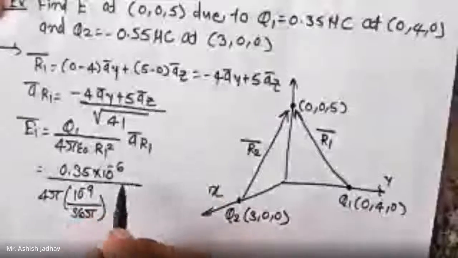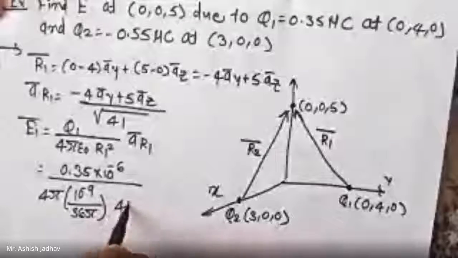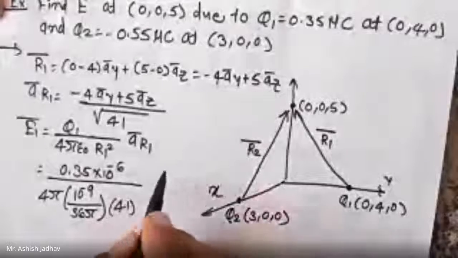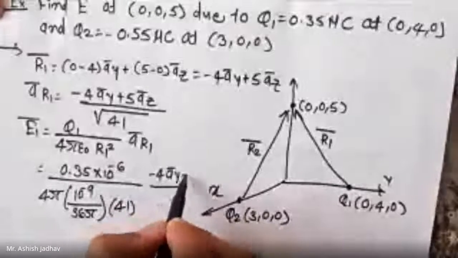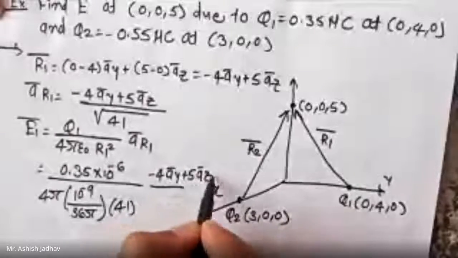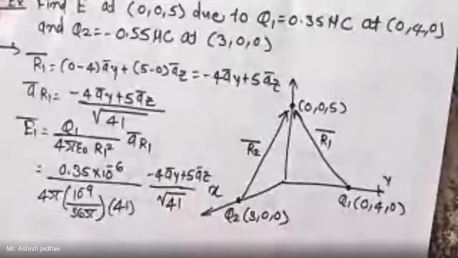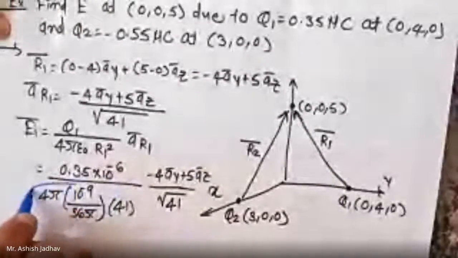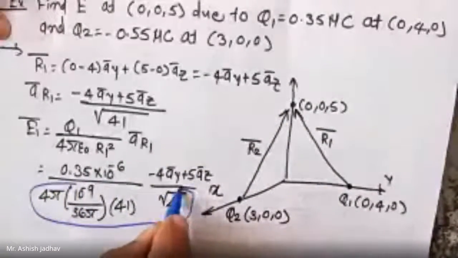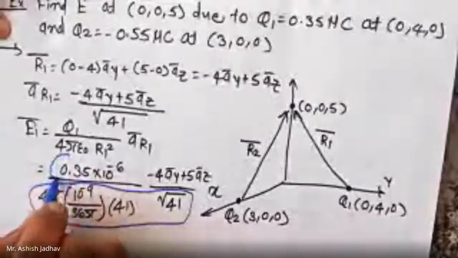R1 is root 41, so R1 square means I can write 41, into minus 4 a bar y plus 5 a bar z divided by under root 41. So you can calculate this part first, and get it divided by this numerator term.